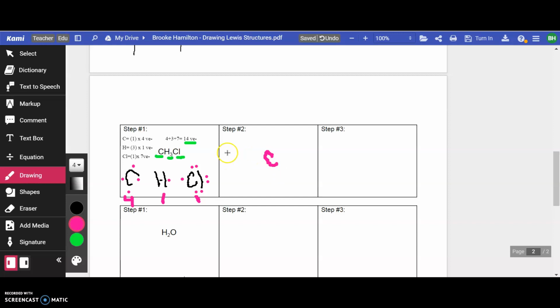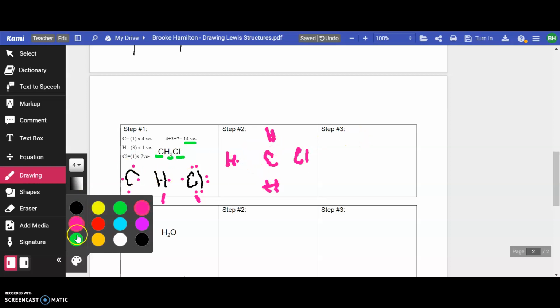So we have carbon, hydrogen, we have 3 hydrogens, and 1 chlorine. Each hydrogen is going to share 1 valence electron. The chlorine has 3 pairs and is just going to share 1 as well for its 1 bond.